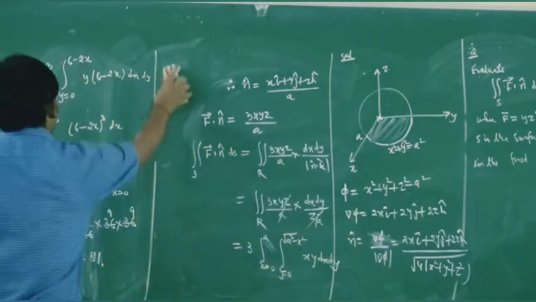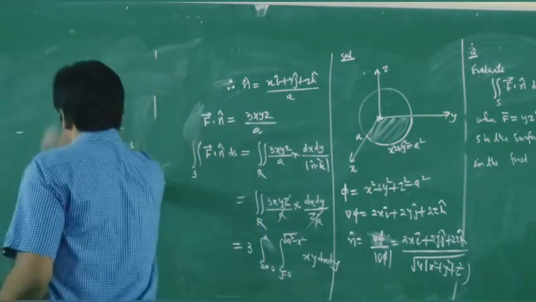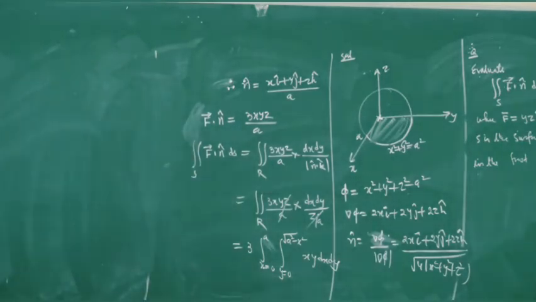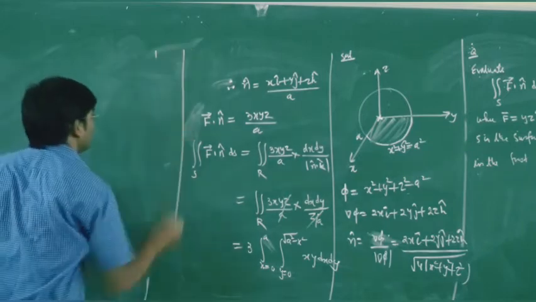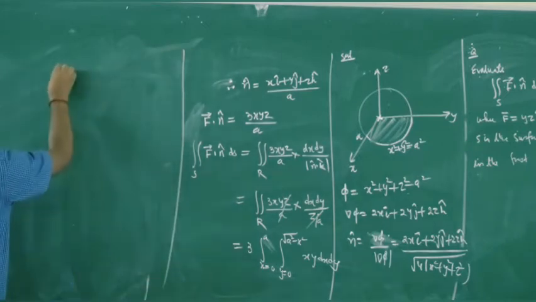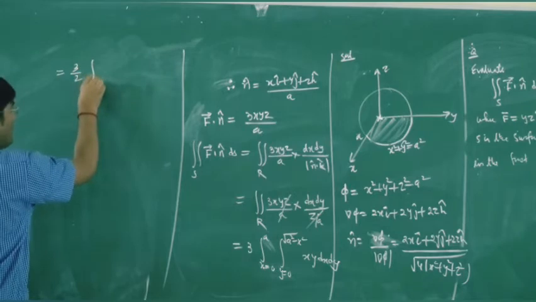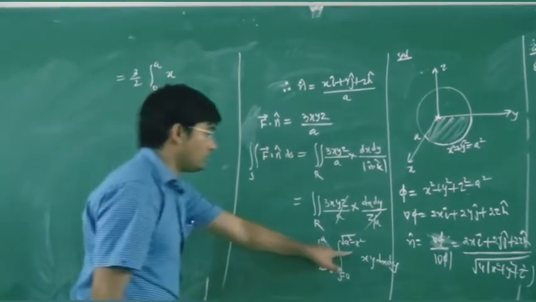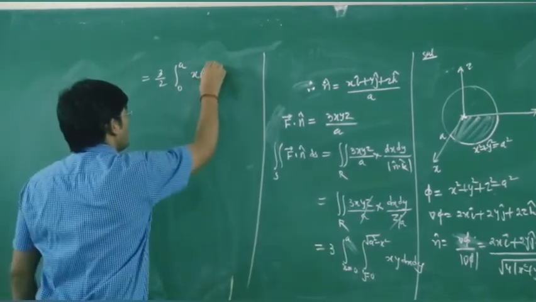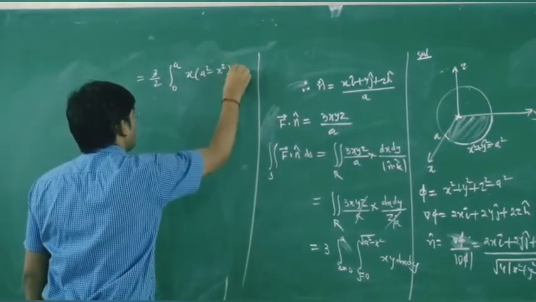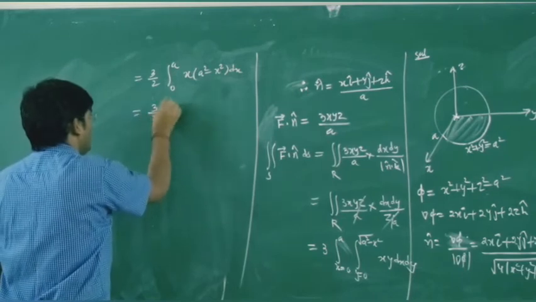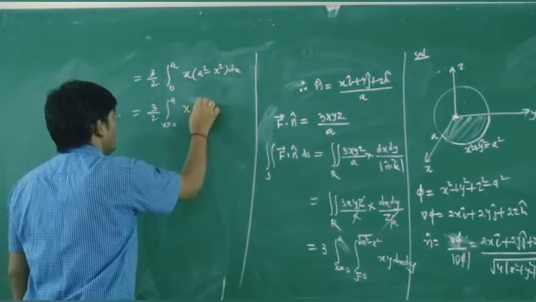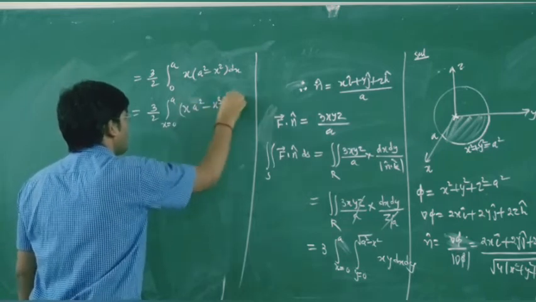Now let us integrate first with respect to y. So the integration with respect to y will give you y square upon 2. So this will be 3 upon 2, then we have integral 0 to a, now y square upon 2, and this y square means a square minus x square, into dx. Then we have x from 0 to a, x into a square minus x cube into dx.